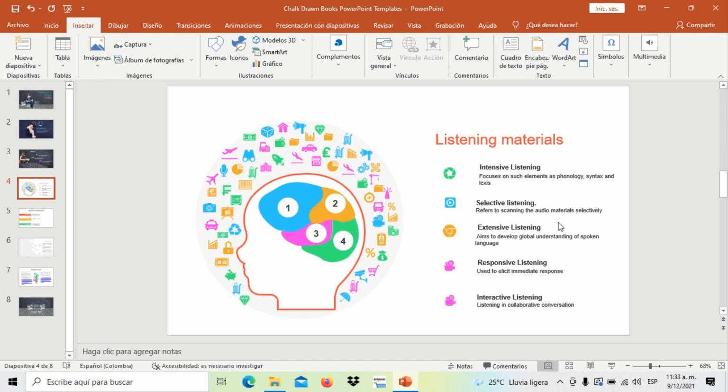Coming from this information, I'm going to give you five things we have to take into account when creating material for listening. Here we talk about different phases. We have intensive listening, selective listening, extensive listening, responsive listening, and interactive listening.